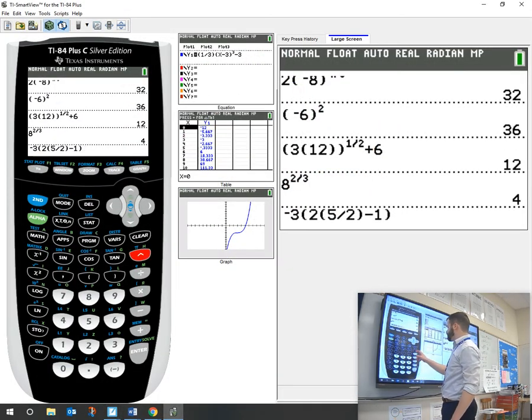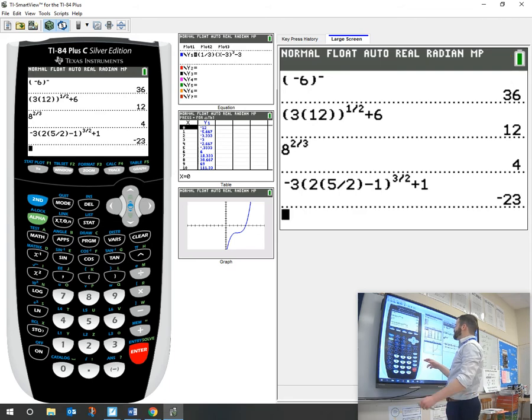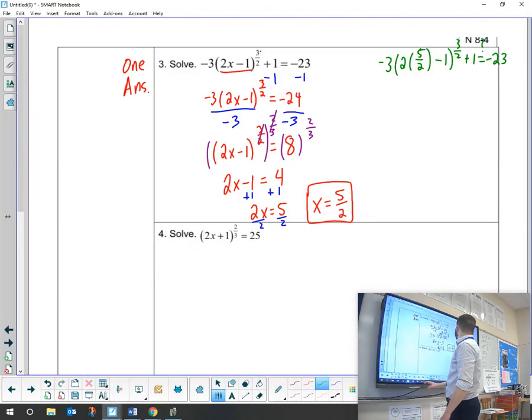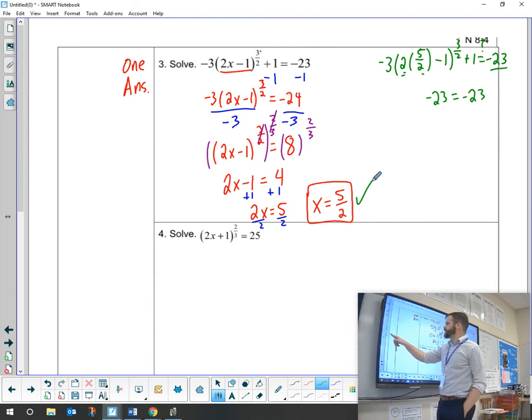So we're raising it to the power of 3 divided by 2. Click out of here, plus 1. And that equals -23. And guess what? That's what we're looking for, -23. So we got -23 equals -23. Now, would it have been easier to just multiply -1 and then raise the power and work it out step by step? Maybe. But we did still get my right answer there. All right, take a look at number 4.